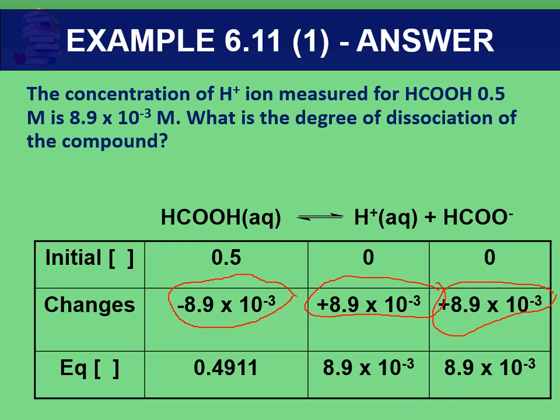What happened is we're going to get the equilibrium concentration when we deduct the 8.9 times 10 to the power of negative 3 from the initial concentration 0.5, we're going to get 0.4911.